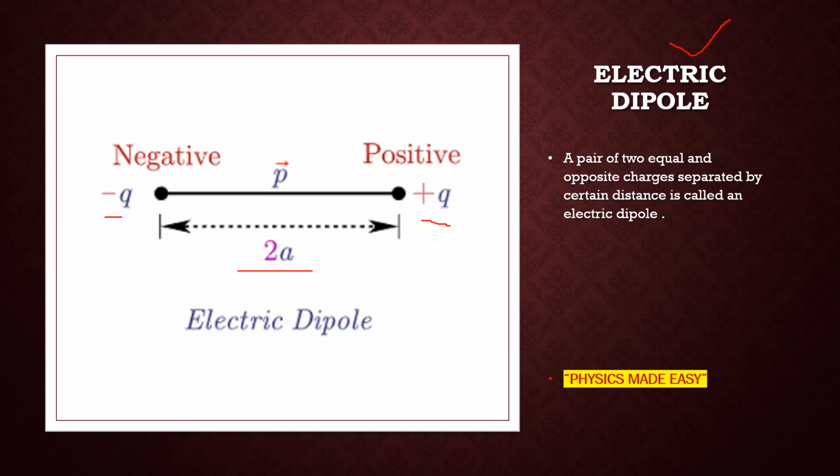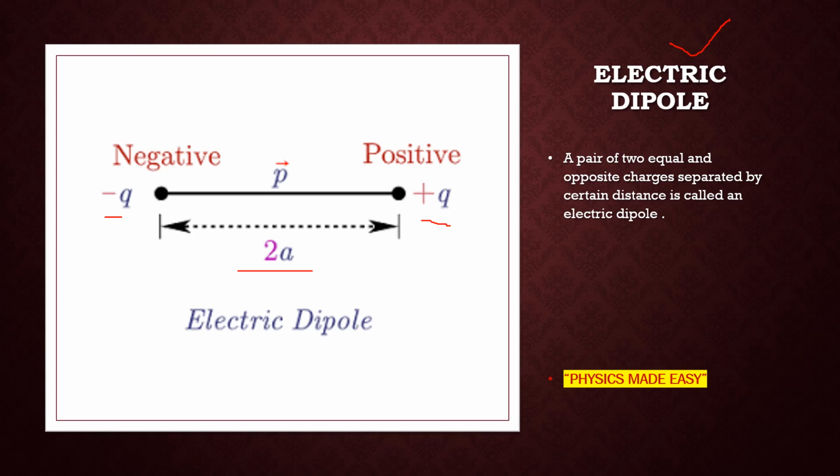It is also clear from this example that we take the two charges minus q and plus q, separated by the small distance 2a. This distance 2a between the two charges is known as the dipole length.